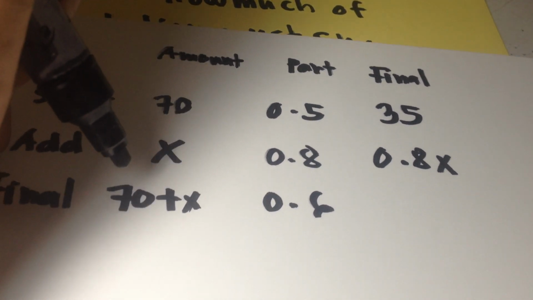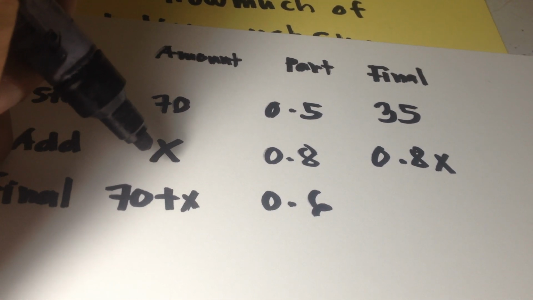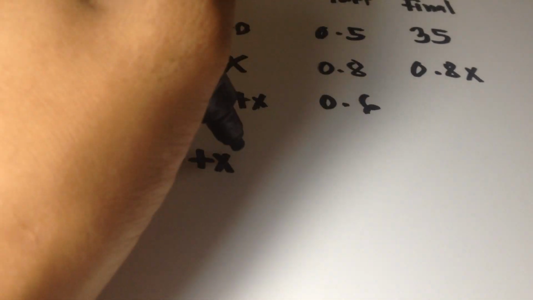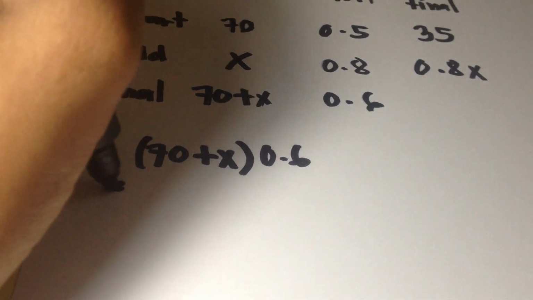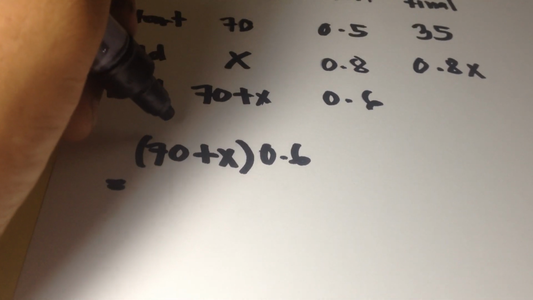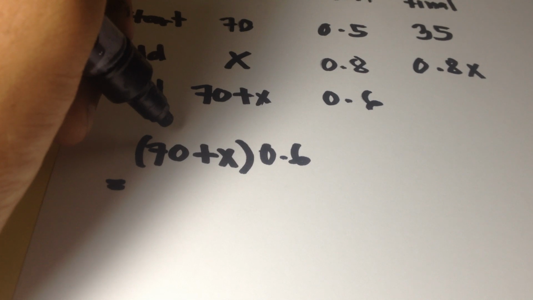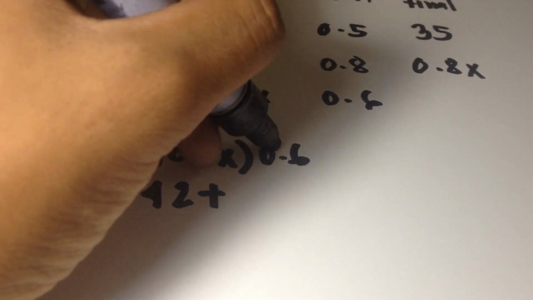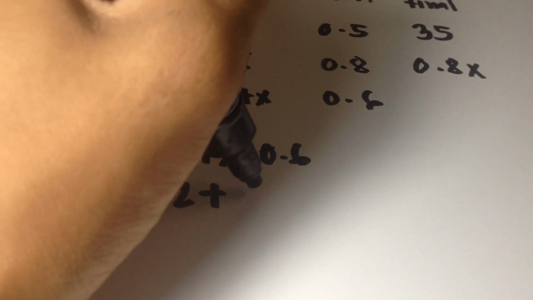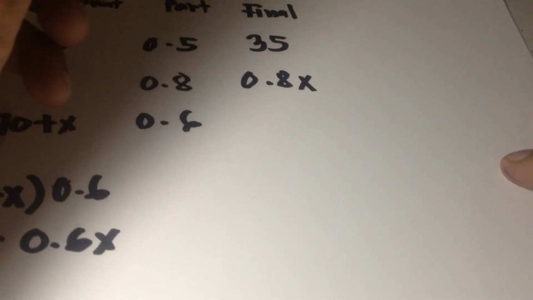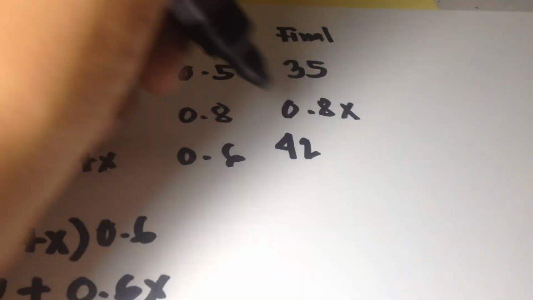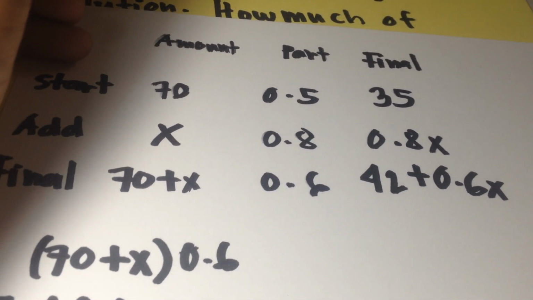Then 70 plus x times 0.6, using the distributive property, equals 0.6 times 70, which is 42, plus 0.6 times x, which is 0.6x. Okay, the table is already complete.